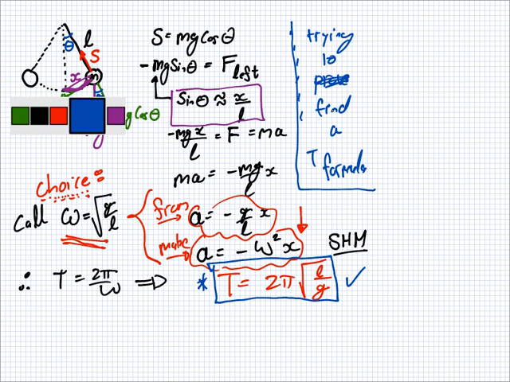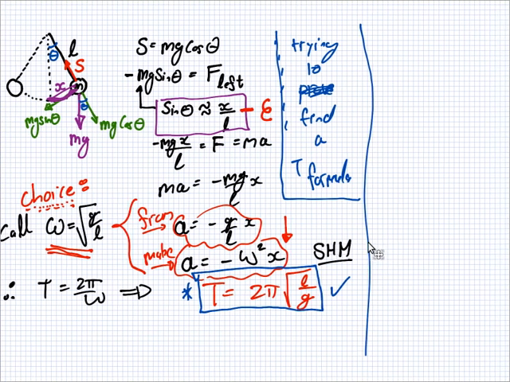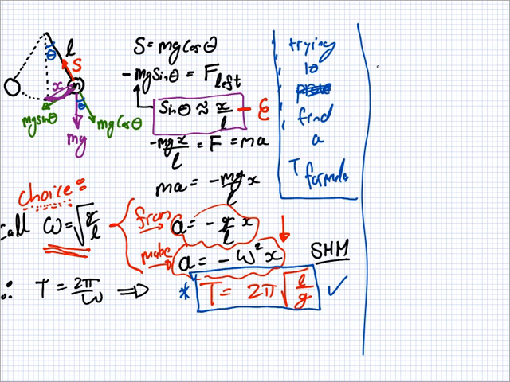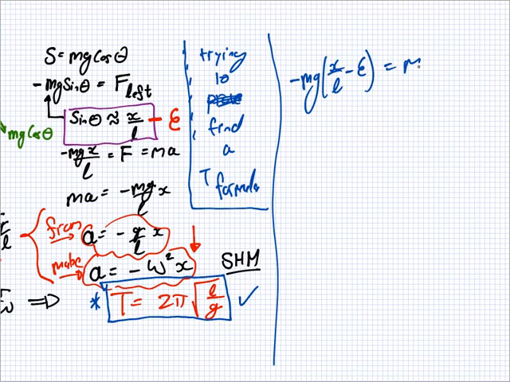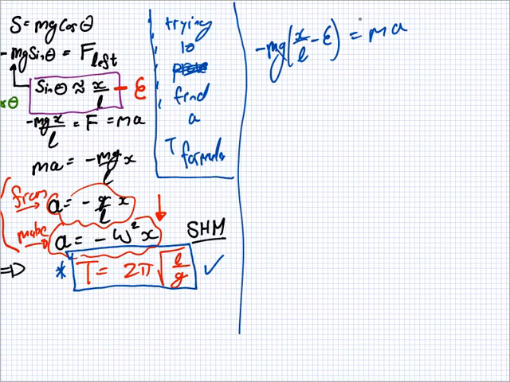So you could think about it like this. You could say, well, if I want to fix it, I should subtract some small number. So you could then say, over here, minus mgx over L minus some small number equals ma. So the m's cancel.